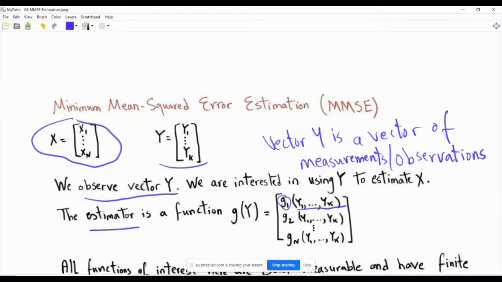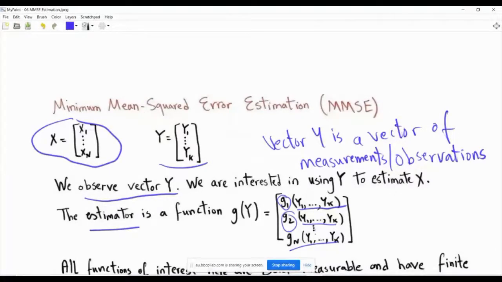And then we want the function g2 that takes the observations and gives you an estimate for x2, up to gn, which again depends on the k observations, and basically gn of y1, y2, yk should give you some guess, some estimate for xn.